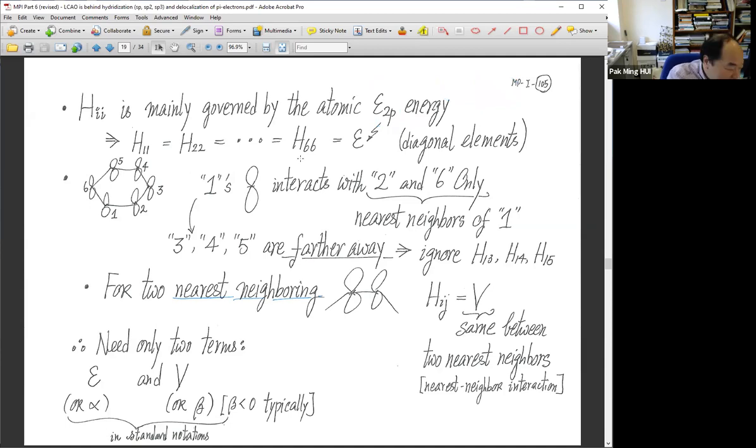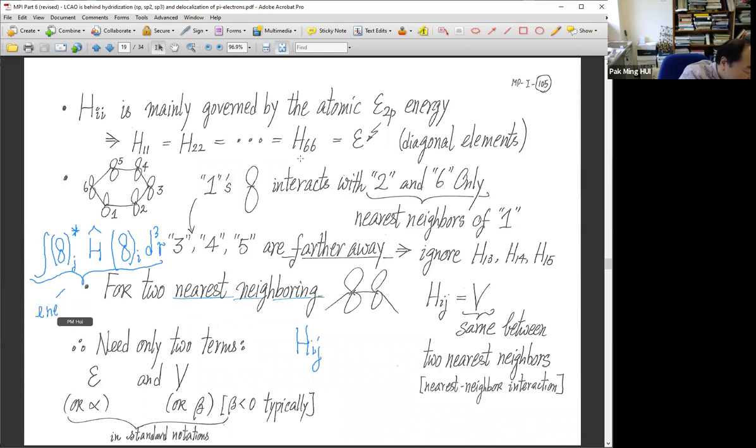Now the trick is about Hij. It will be an integral like this. Okay, now formally it is something like that. I know several things.